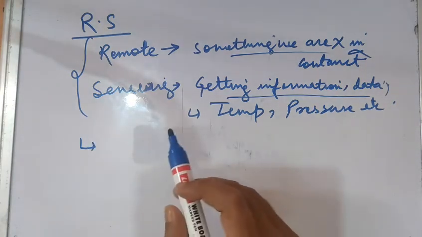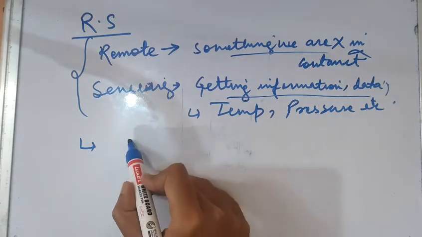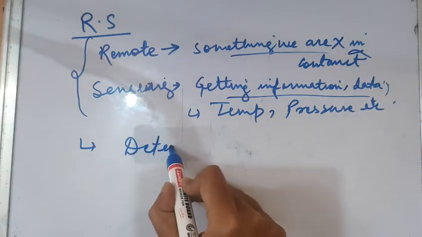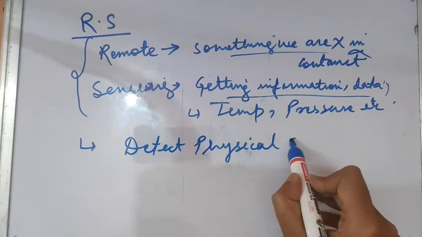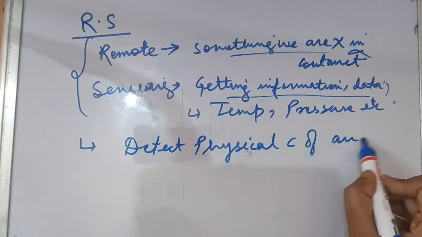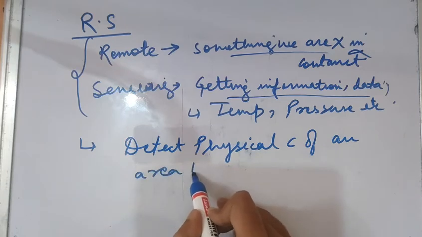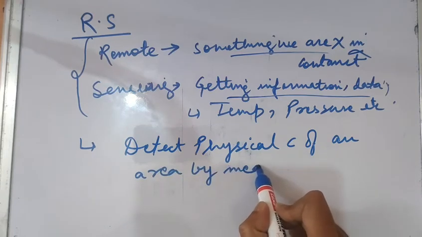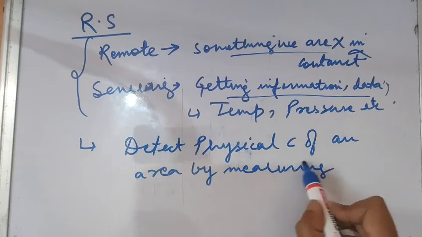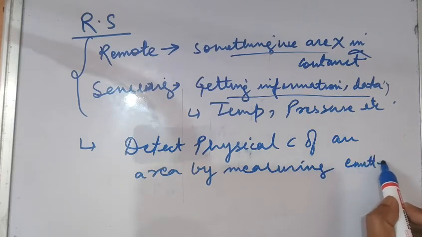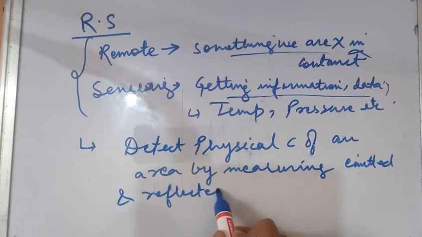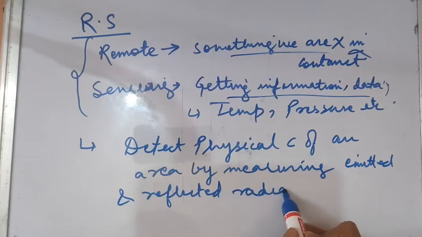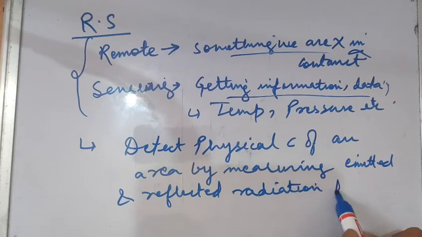You can define remote sensing as being used to detect physical characteristics of an area by measuring emitted and reflected radiation from a distance.